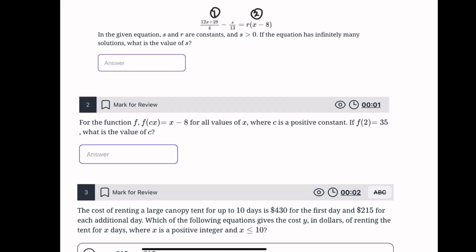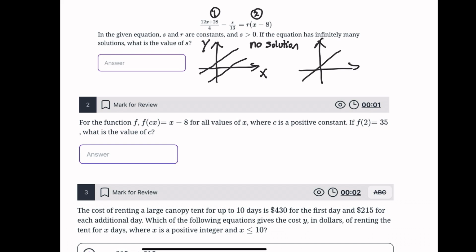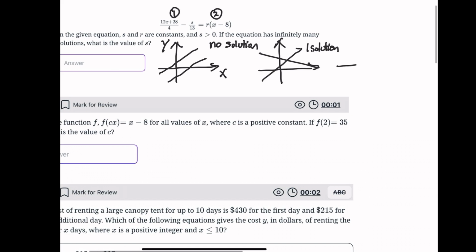For two lines, for example, if I were to draw them right here, you can either have lines that are parallel, which means that there's no solution, two lines that intersect, which means that they have one solution, and finally, two lines that are literally the same, so two lines that overlap with each other.